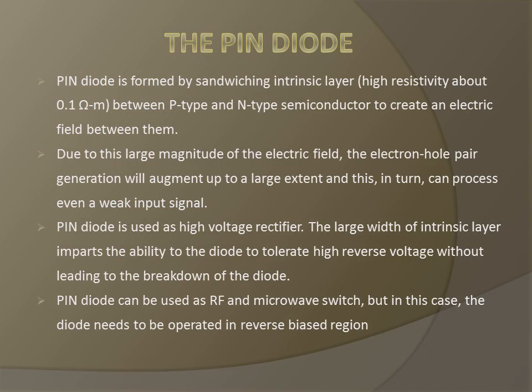The last one is the PIN diode, formed by sandwiching an intrinsic layer, which usually has high resistivity, between P and N-type semiconductor. Due to the sandwiching of the intrinsic material, an electric field is created in the junction.